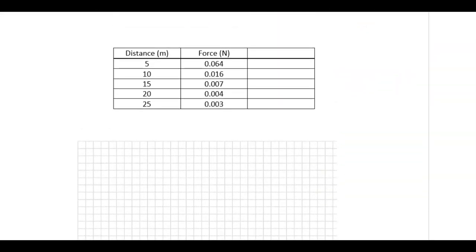First of all, let's try, instead of 1 over x, we'll try 1 over d, which 1 over d is 1/5 or 0.2, 1/10, which will be 0.1, and we'll keep on going. 1 over 15 is 0.06 repeating. 1 divided by 20 is 0.05, and 1 over 25 is 0.04.